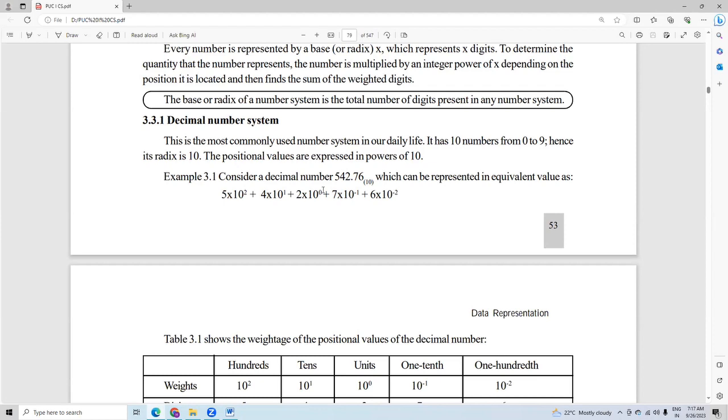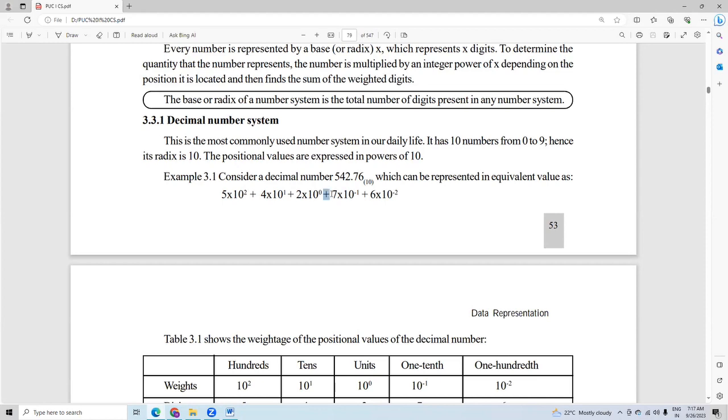Before the point, you have to give the powers in positive values. It starts from 0 and towards the left, you have to give it in increasing order, right? 10 raised to 0, 4 into 10 to the power of 1, 5 into 10 to the power of 2.